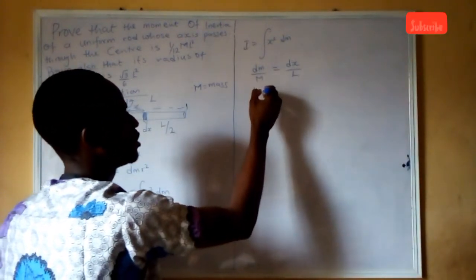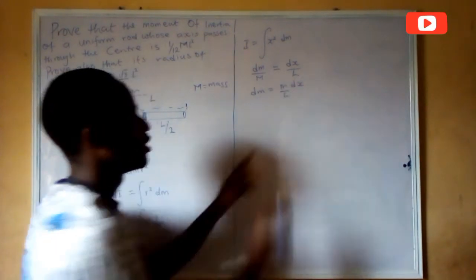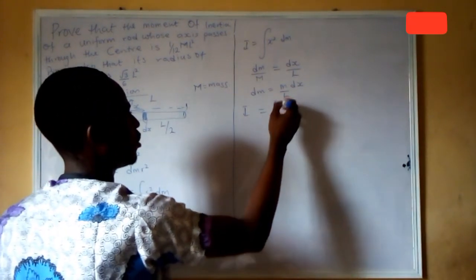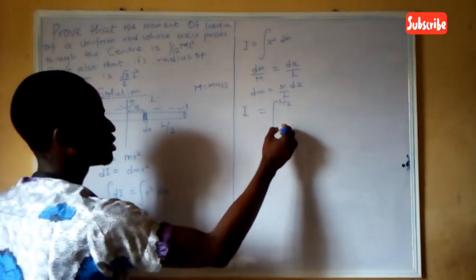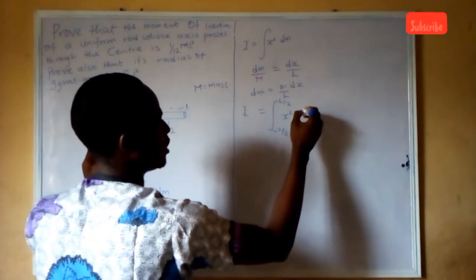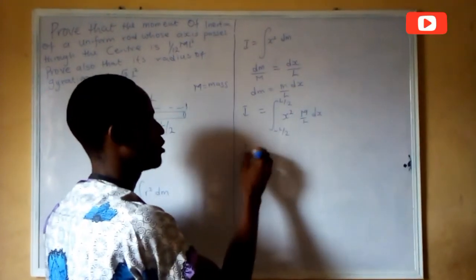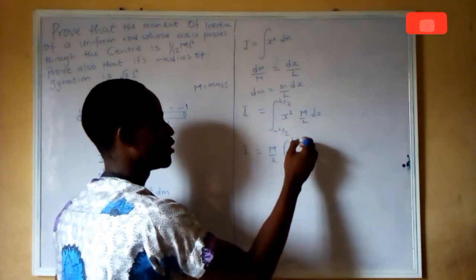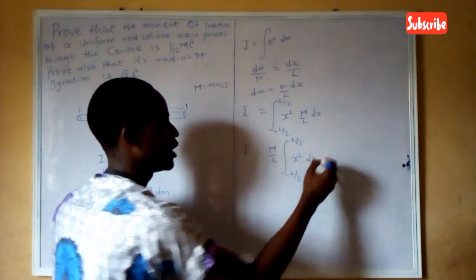So dm is M dx over L. So we have the integral with limits L over 2 and minus L over 2, of x squared times M over L dx. As these are constant, we have I equals M over L, integral from minus L over 2 to L over 2 of x squared dx.